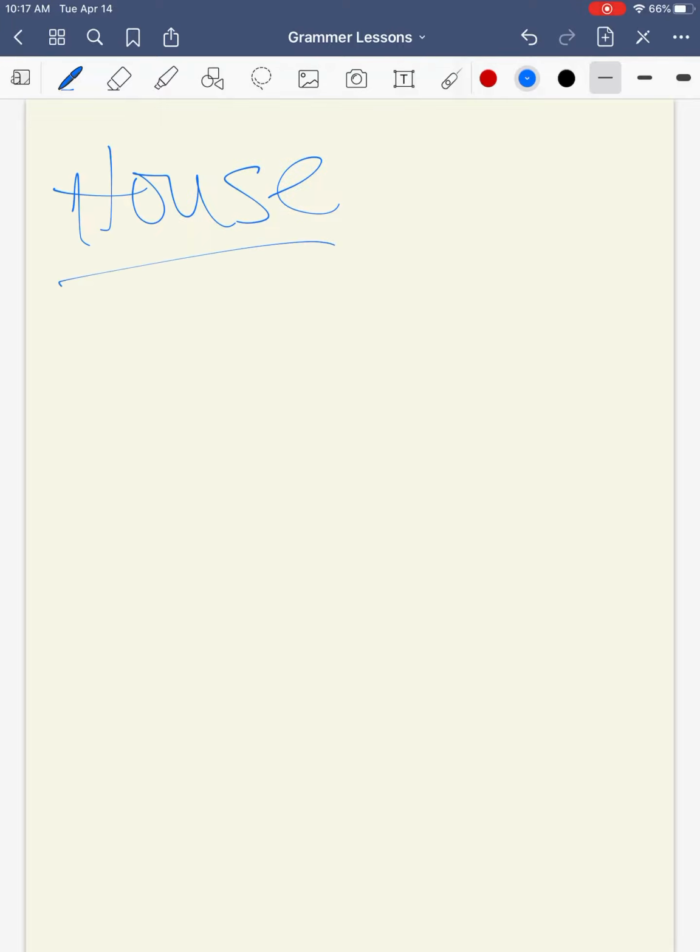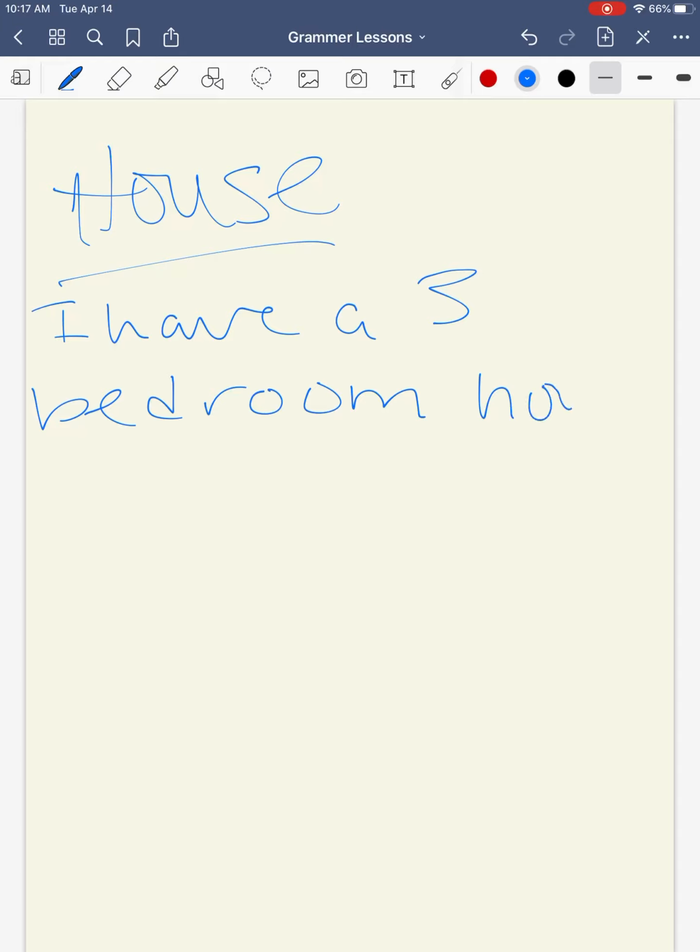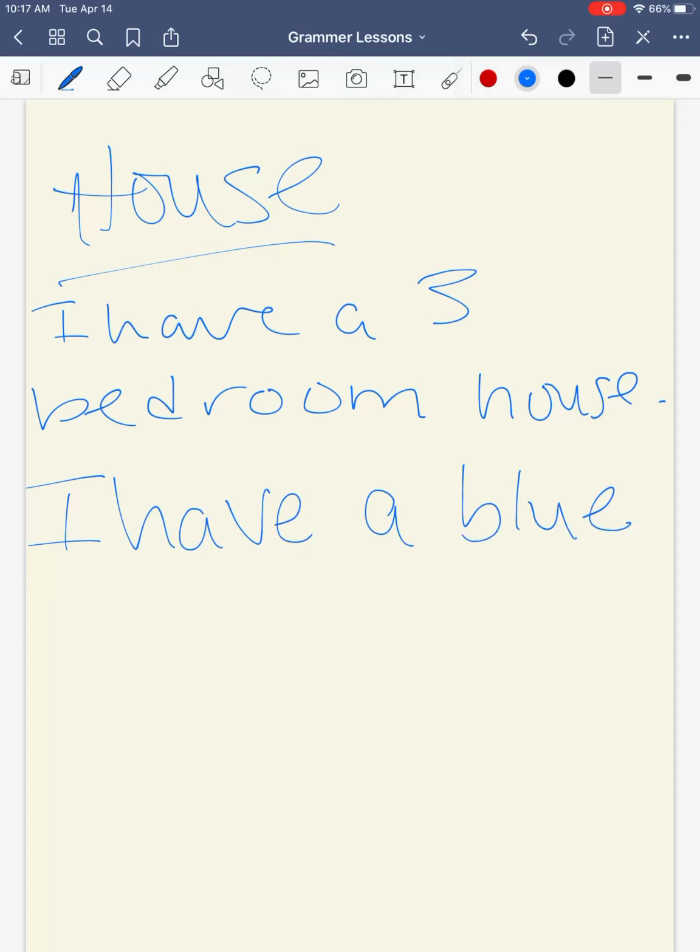What do I know about my house? I know that it's in the country. I know that it's blue. I know that I have 3 bedrooms at my house. So if I wanted to describe my house, I could say I have a 3-bedroom house. I could also say I have a blue house.